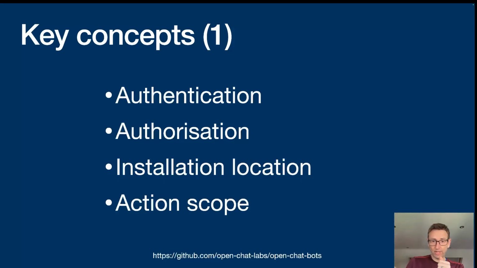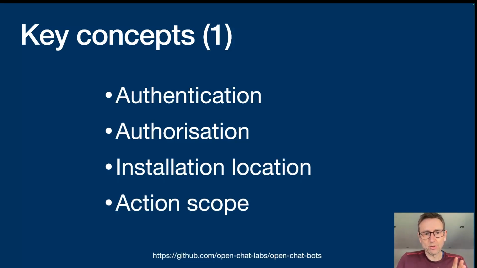But before we talk about that in detail, I want to talk about these remaining concepts on this slide. So first of all, we've got installation location. So it's important to understand that while a bot is registered globally with the OpenChat system, setting aside test mode for the moment, they are actually installed into a particular context or location by the owner of that context location.